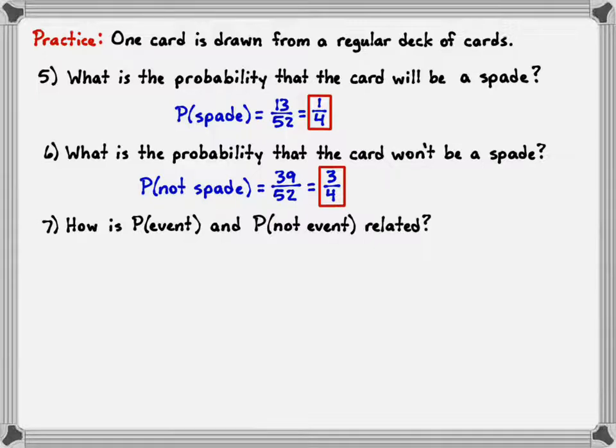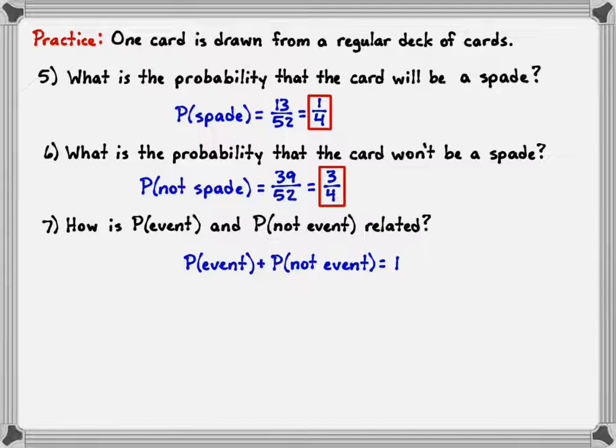So how is the probability of an event occurring and the probability of an event not occurring related? Well, you guessed it, and we already talked about it. The probability of an event occurring plus the probability of that event not occurring is exactly 1, or 100%, or 1 out of 1, or 4 out of 4, or 52 out of 52.